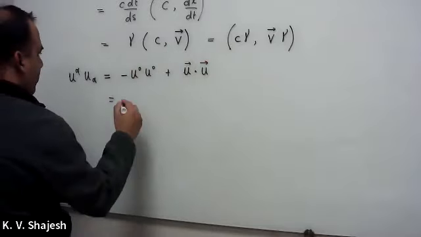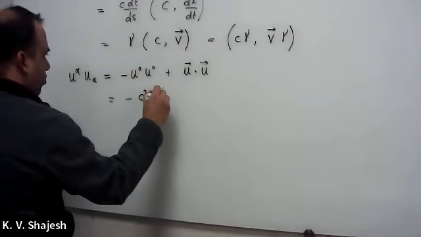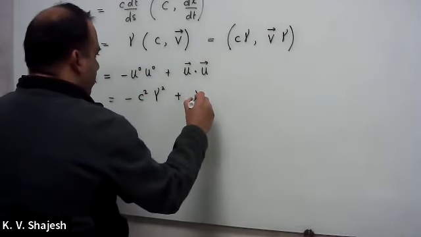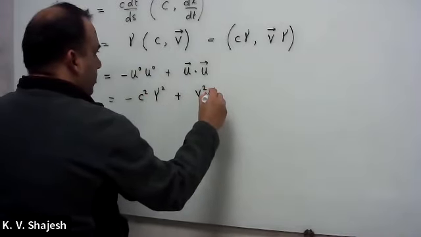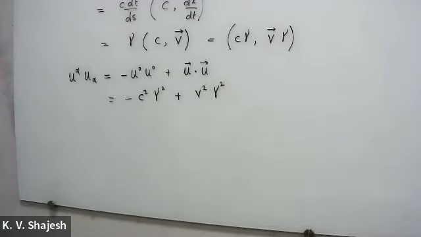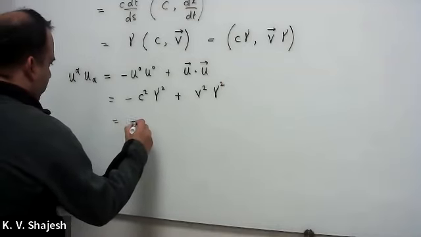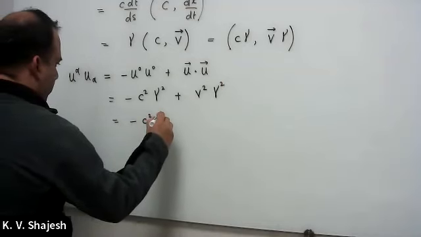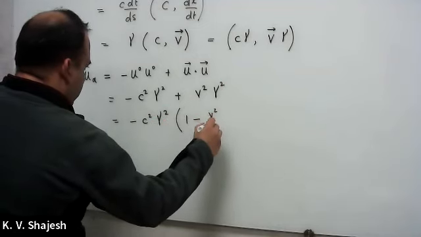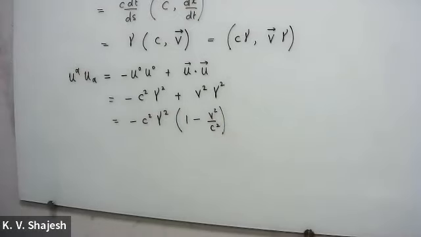U0 is c times gamma, so it's minus c squared gamma squared plus v squared gamma squared. Take minus c squared gamma squared common, so it's 1 minus v squared over c squared. And how much is that equal to?